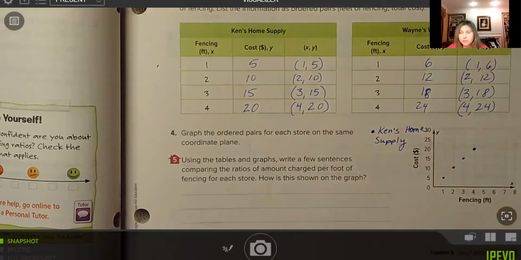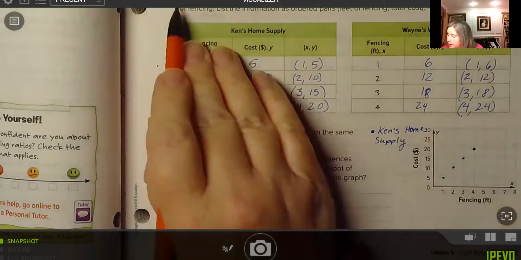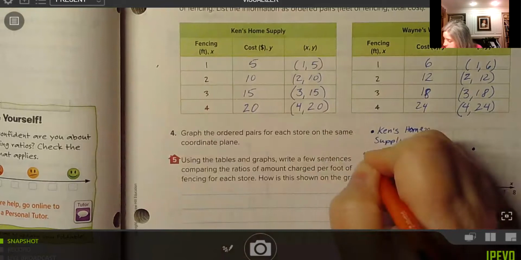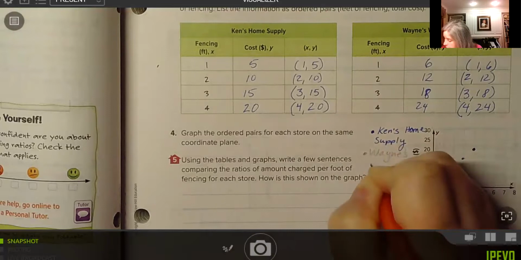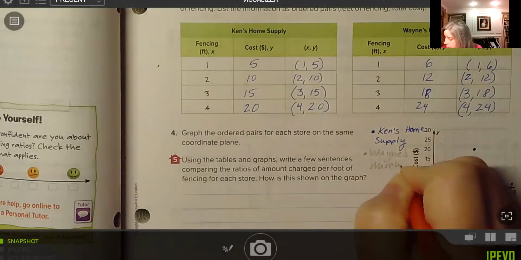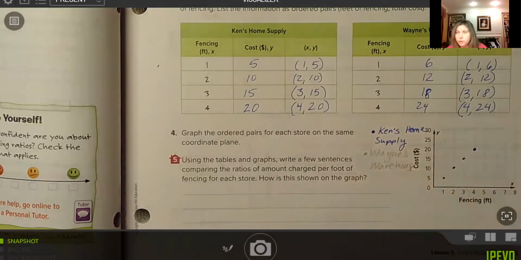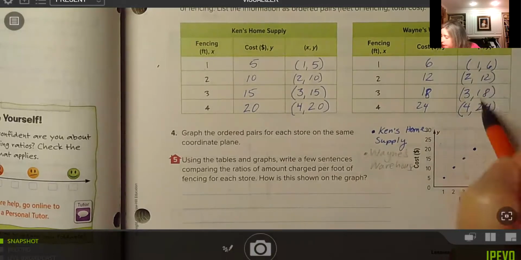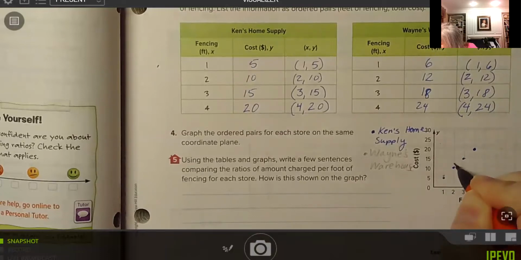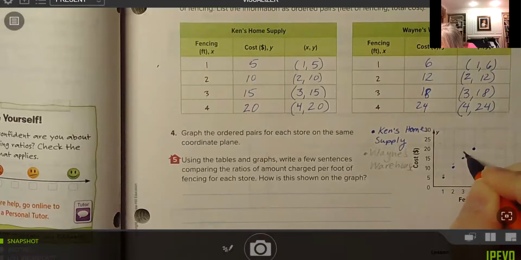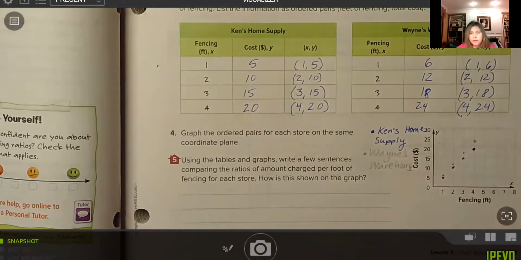Ken's Home Supply is in blue, and then Wayne's Warehouse will be in pencil. So we can go ahead and plot those 4 points for Wayne's Warehouse. 1, 6, 2, 12, 3, 18, and 4, 24. That pencil shows up okay on the camera.